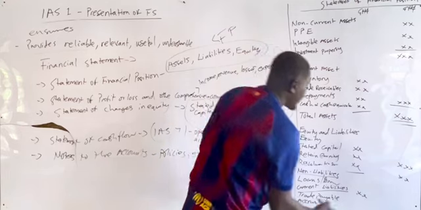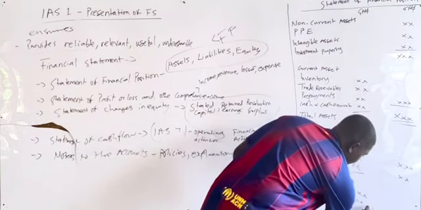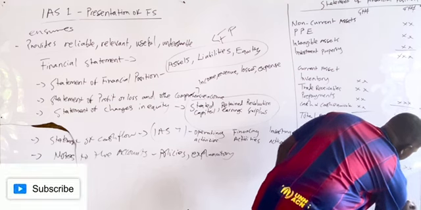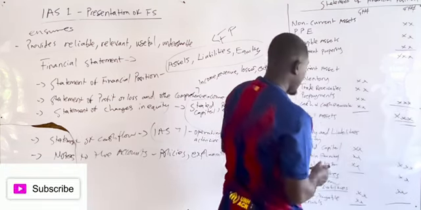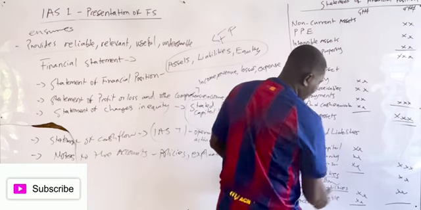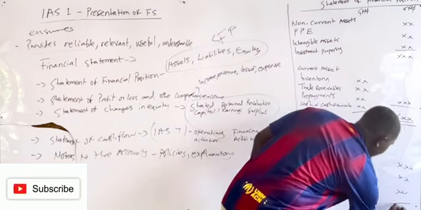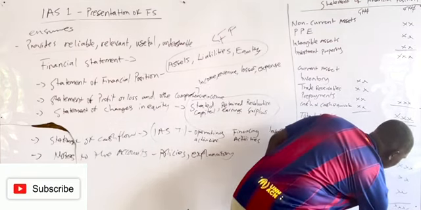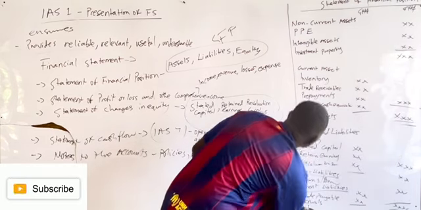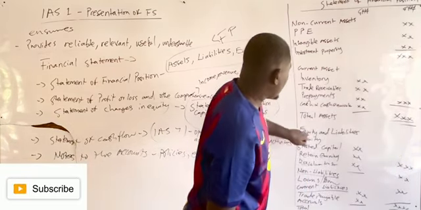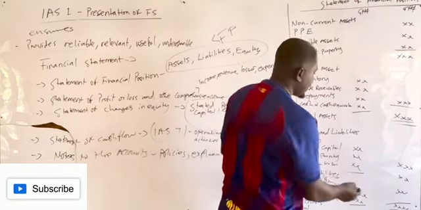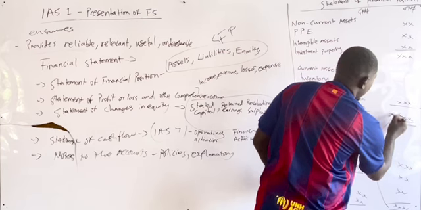That one too is supposed to be captured here. And other short-term liabilities. So now we'll add our equity items, our non-current items, and then our current items. Whatever we get will be our total equity and liabilities.